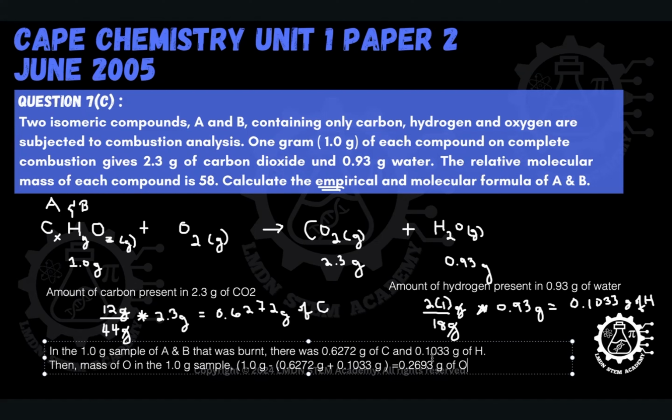All right. So now we have a plethora of information that we can use. So here's what we're going to do now. This is really our starting point to be able to go from a mass of elements present to an empirical formula. Okay, so now we're ready to work.